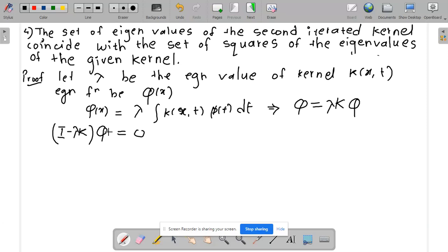I of phi of x will be phi of x minus lambda times K of phi. When you take it to the other side, it becomes plus lambda K phi, and lambda K phi is nothing but this right-hand side. So I have written this equation in this form, where I is the identity operator.